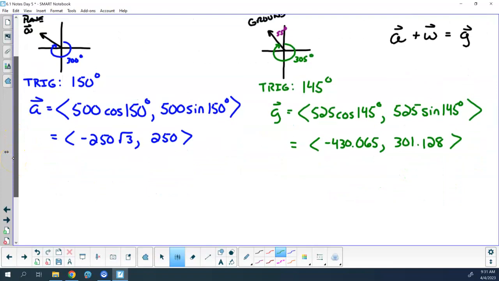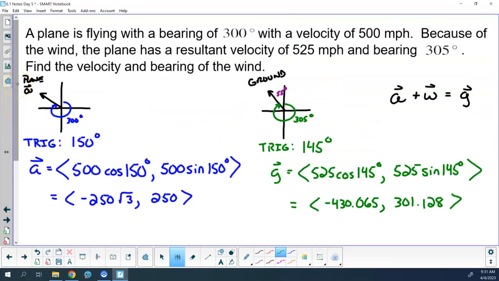Now, let me just go back up. We need to find the velocity and the bearing of the wind. So we need to find the wind. How am I going to solve that vector equation for W? We could subtract A from both sides. Yep. So the wind vector is going to be the ground vector minus the aircraft's vector.